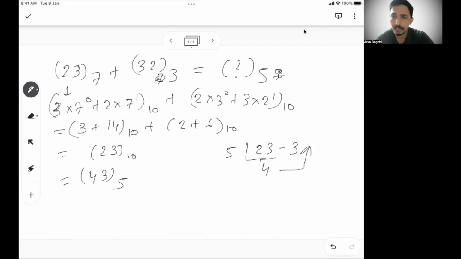There is no fixed set that numbers can only be binary, octal, decimal, hexadecimal. It can be anything. You just need to know the basic nuance of how to write any given base system into decimal, and if you know the decimal, how to convert into any given base system. That's the concept I want to impart in this session.